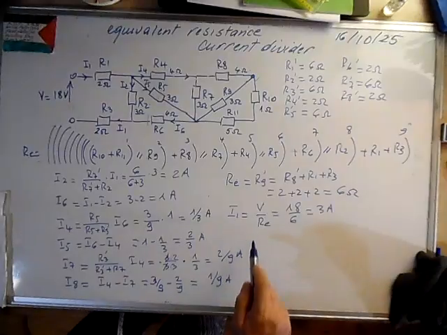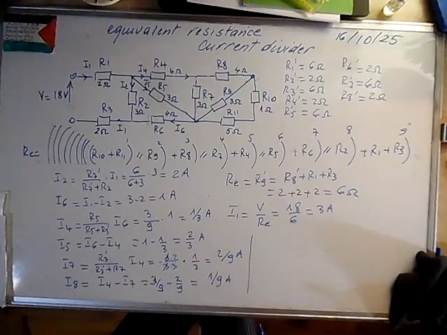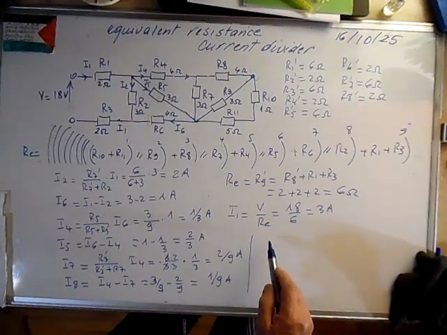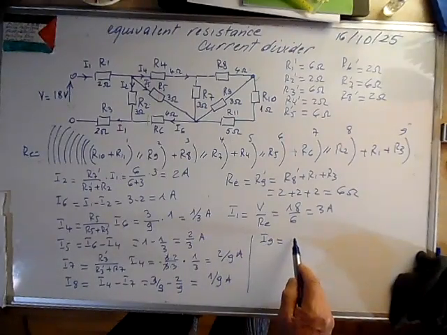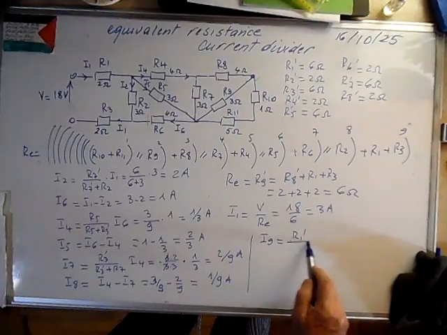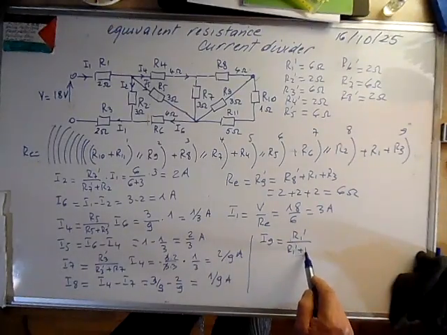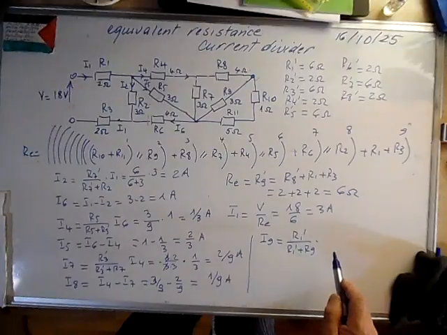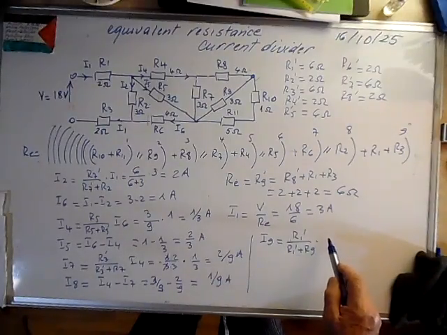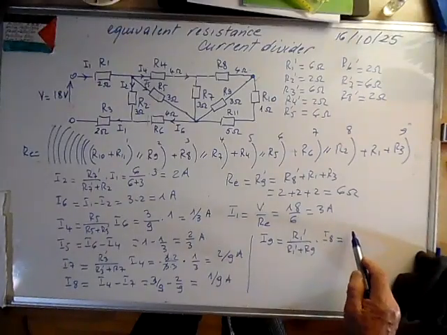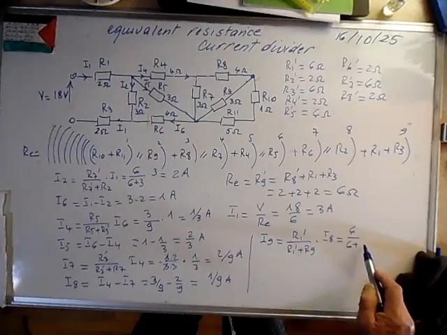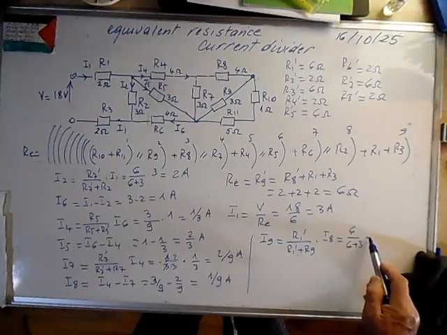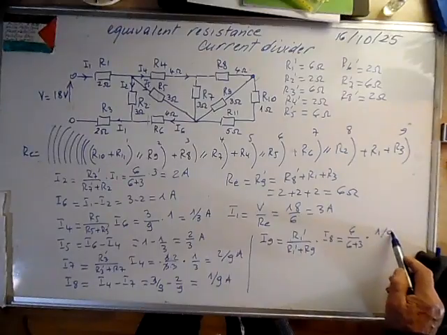Okay, now we are left with, knowing I8, we can calculate I9. I9 is R1 prime over R1 prime plus R9 times the current I8. So it means R1 prime 6 over 9, 6 plus R9 3, times 1 over 9.